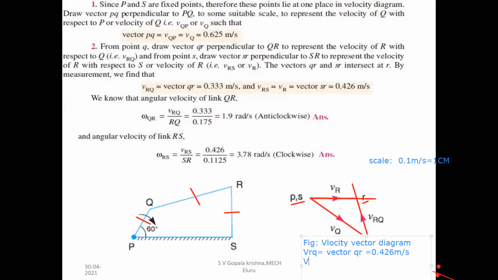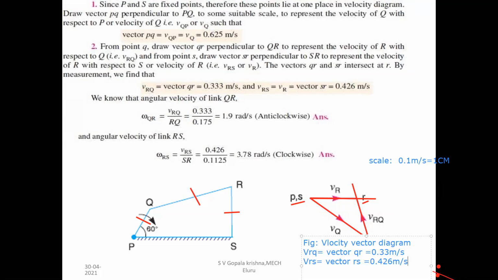Similarly, to find VRS, vector QR is 0.333, and vector RS equals 0.426 meter per second.